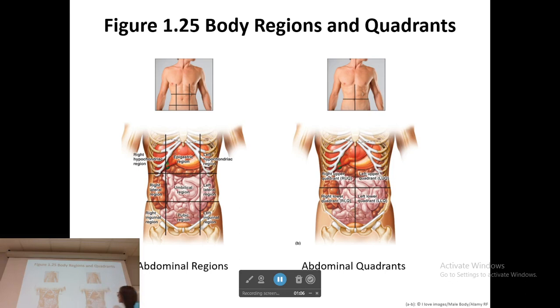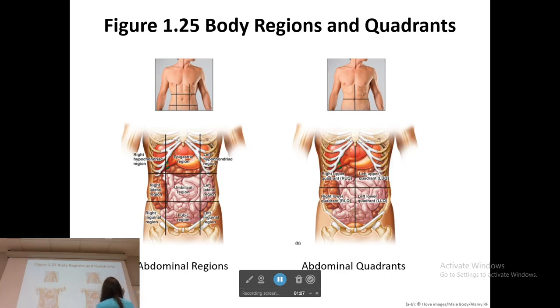So when we divide the body up, or the abdominopelvic region up into 4 parts, that's our quadrants. The quadrants are really easy too, because we've just got upper and lower and right and left. So those are easy. All right, you just got to remember, right? I'm looking at this picture, and this is my left, but this is this person's right. Right?